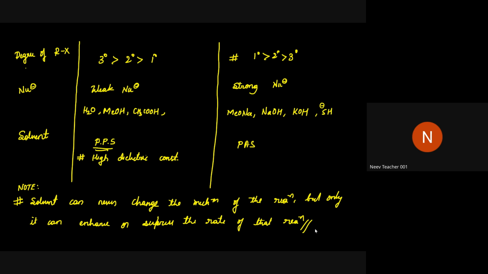For example, if I take a 3-degree alkyl halide and a strong nucleophile, and I say you have to go through SN2, will it go through SN2?